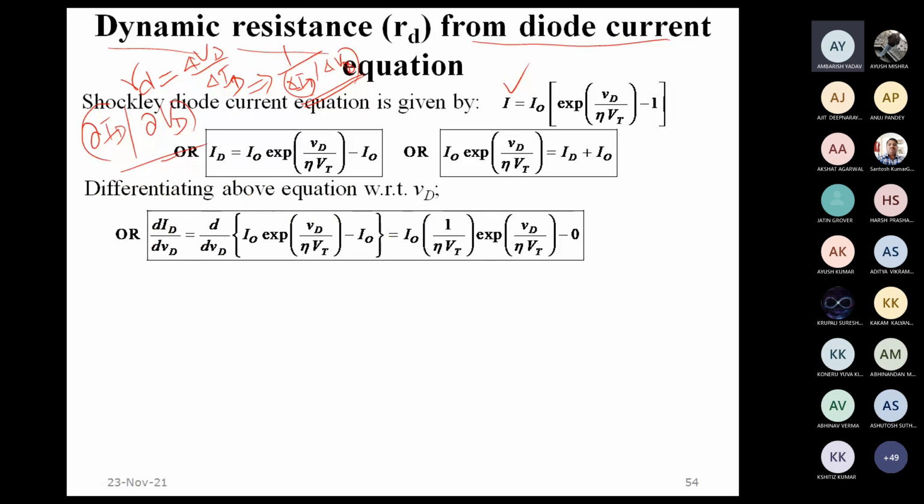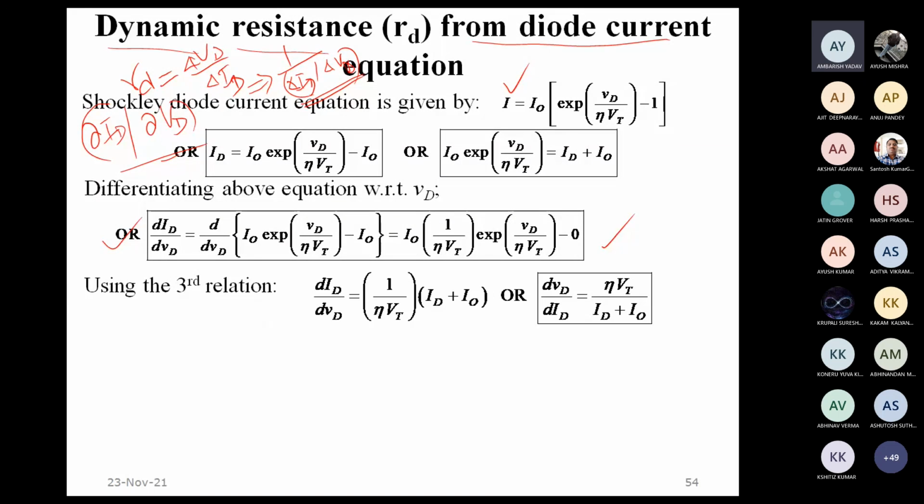Okay. So one is writing this equation in different forms like this here, and from here we try to calculate this dID upon dVD. One can calculate very easily like this here, and then in place of I naught exponential VD upon eta VT, we are having ID plus I naught.